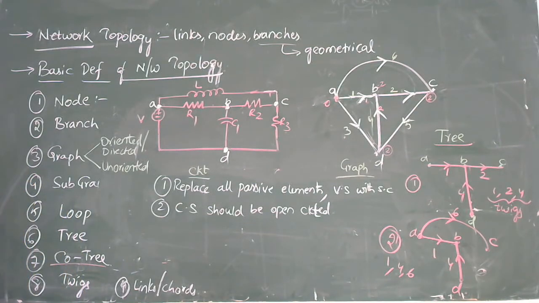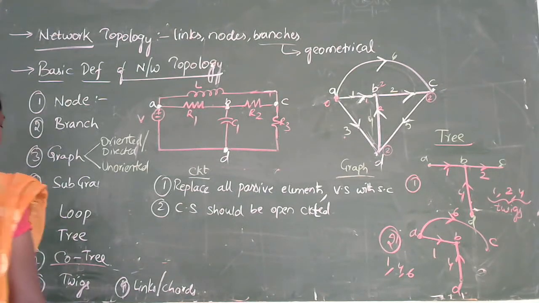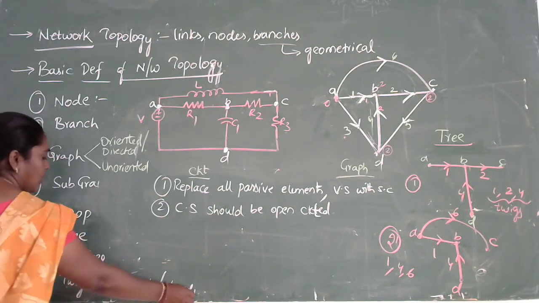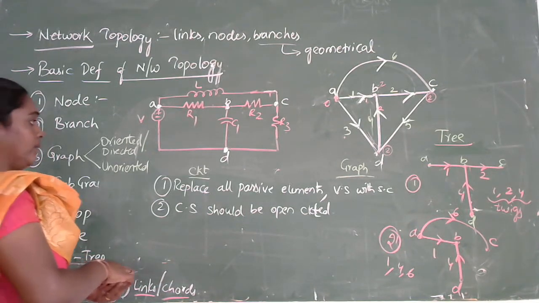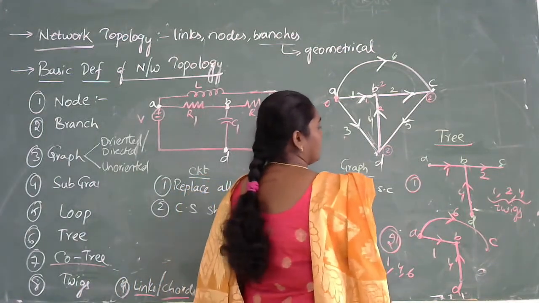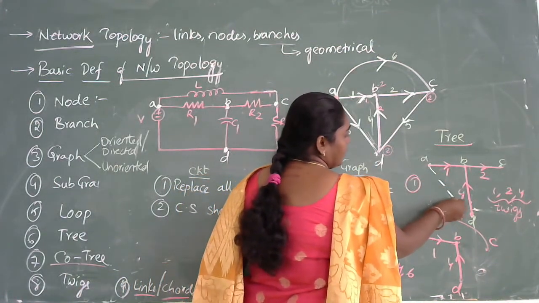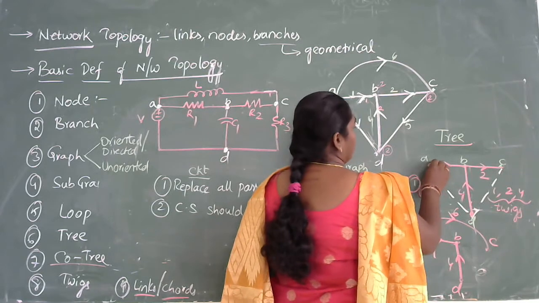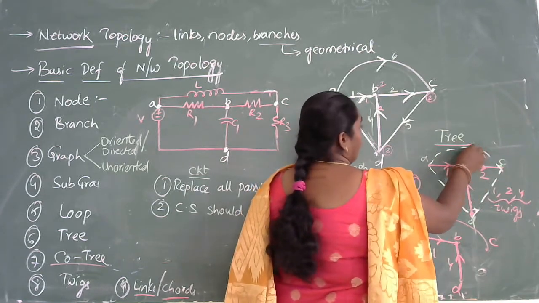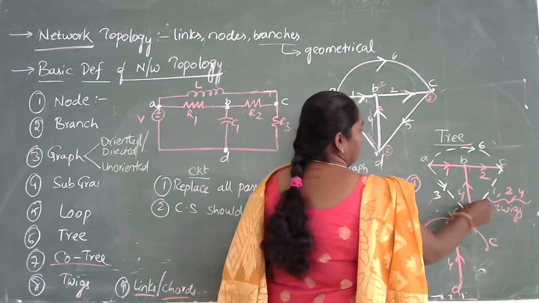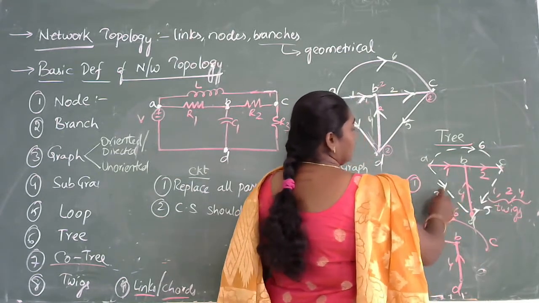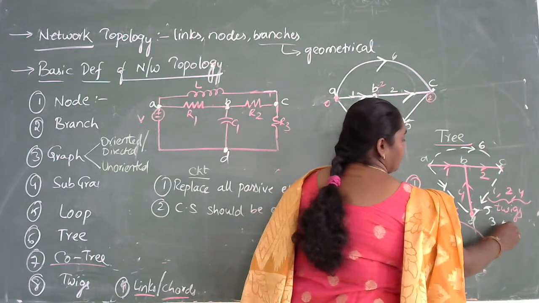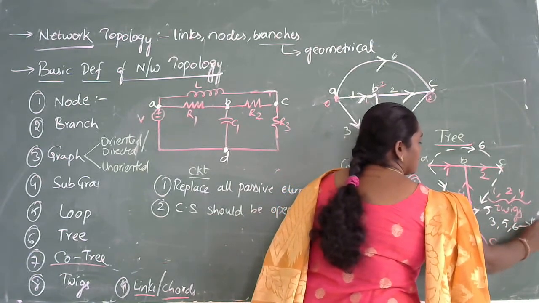Coming to the next one, the co-tree, the graph which constitutes links. Before going for the co-tree, first we should understand what is meant by a link or chord. In this tree, whatever branches are absent, that is, branch 3 is not there, branch 5 is not there, branch 6 is not there, so these branches 3, 5, 6 are called links.